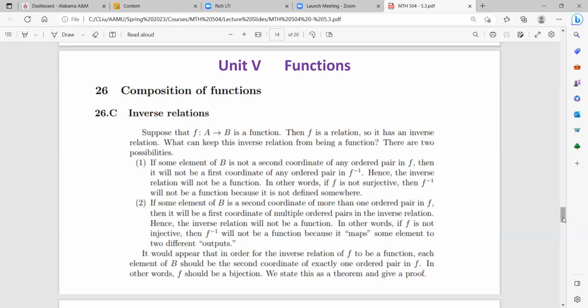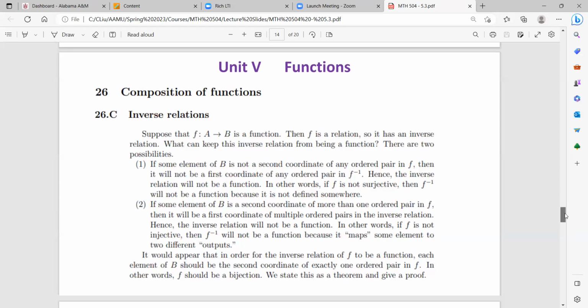So that's why we require a function to be a one-to-one correspondence, or bijection, in order for it to have an inverse function. We learned that before, but we didn't know the reason why. So here tells you the reason why.